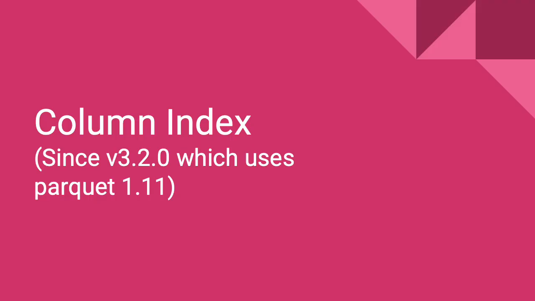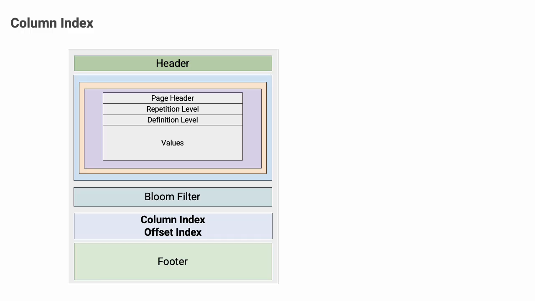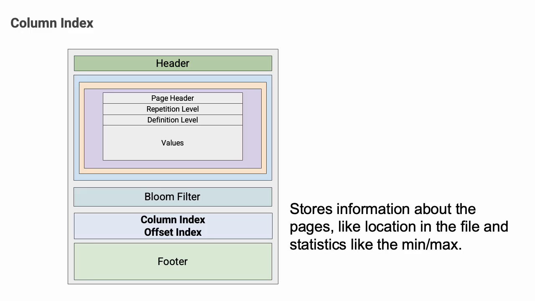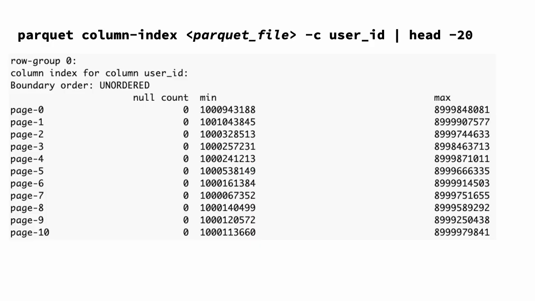In order to do that, in Spark 3.2, which uses Parquet 1.11 under the hood, there is a concept of column index. Remember, we have column index, which stores the information at the page level, not at the row group level, but it has more granular information: for each column page, what is the min, max, and count. And using the Parquet tool, if we look at the user ID column, we see the column index for user ID, which is not ordered.